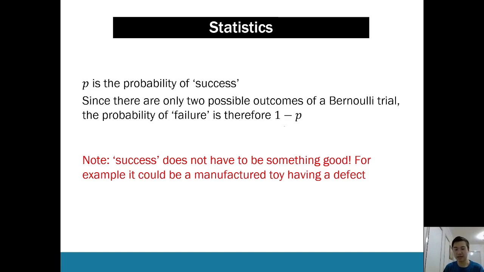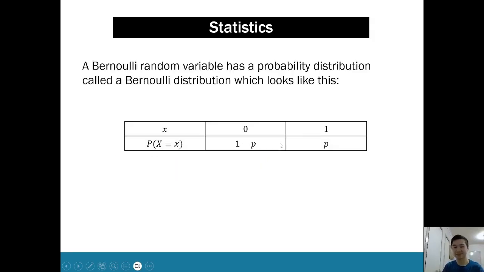For example, it could be a manufactured toy having a defect. It's just the specific situation where you have 2 outcomes, and that outcome happening is what we call success. So it doesn't need to be something positive. It could be something bad, actually, but we still call it success.